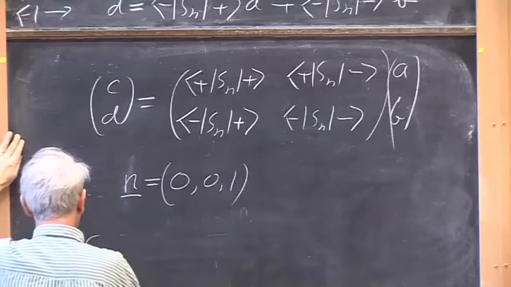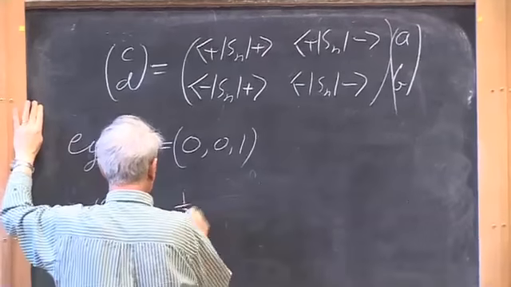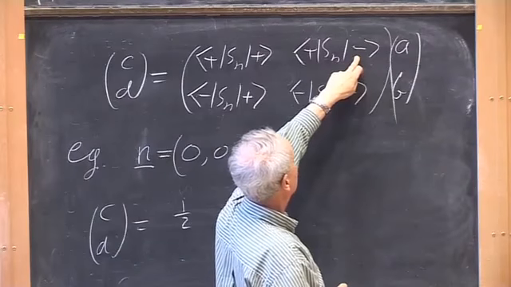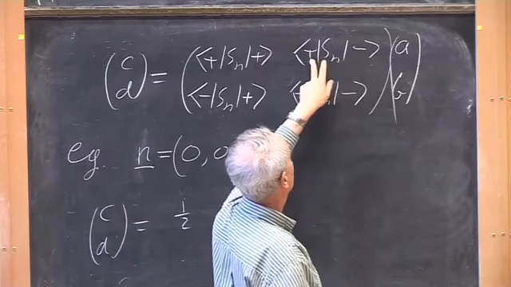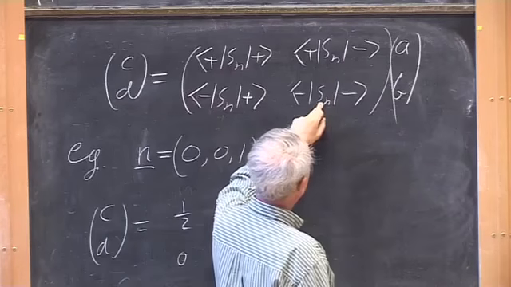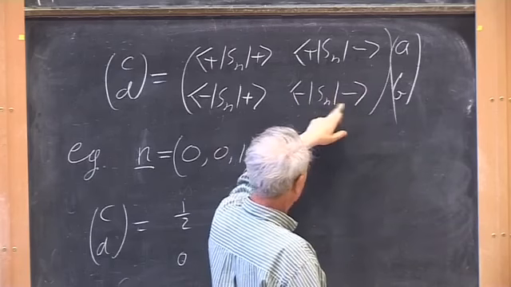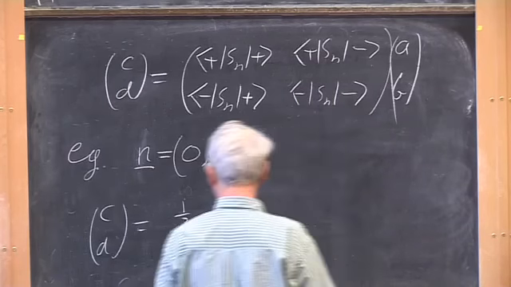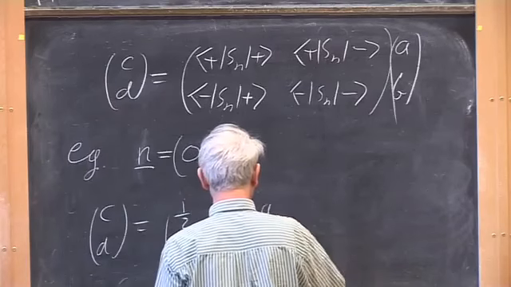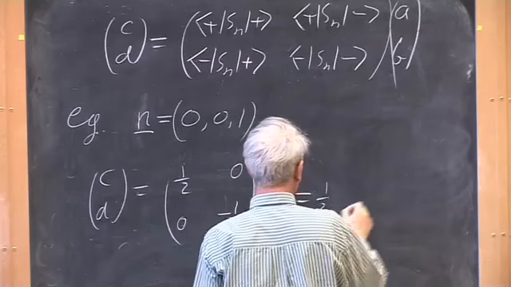Then C, D is equal to a half. Sz on minus is minus a half times minus, but plus is orthogonal to this, so we get a 0, 0. And Sz on minus gives minus a half of minus, so this thing evaluates to minus a half.